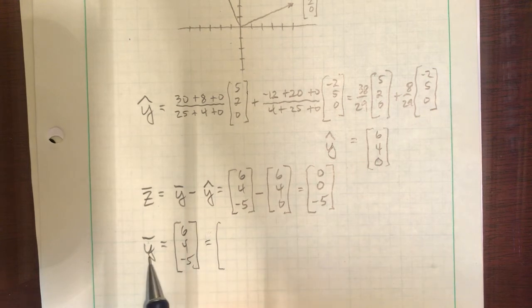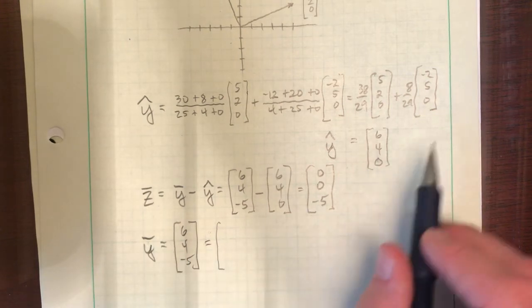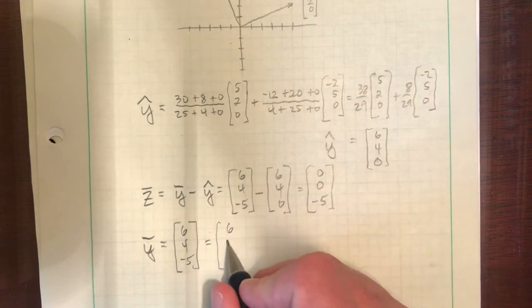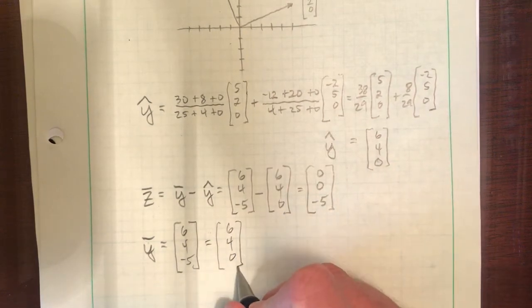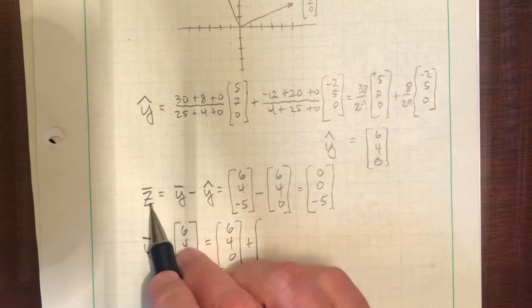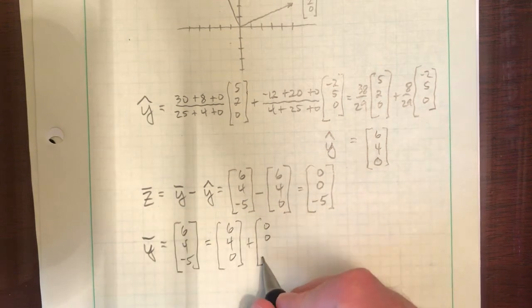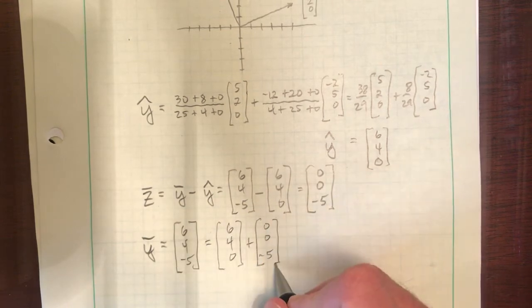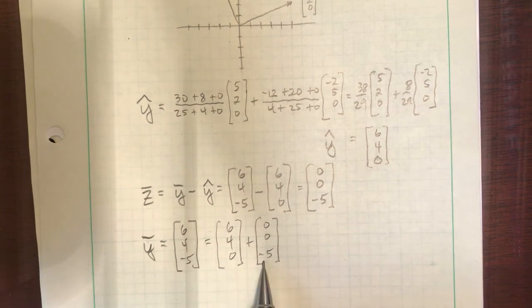So my y bar is my y hat vector that we found here, 6, 4, 0, added to this z vector, 0, 0, negative 5. So sometimes we're asked to do that. And what this is, is the sum of two orthogonal vectors. How do I know they're orthogonal? Their dot product is clearly 0.